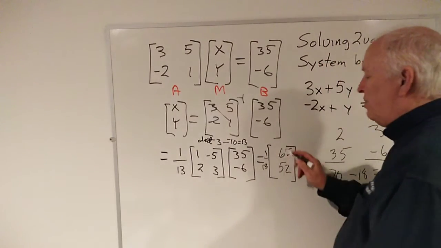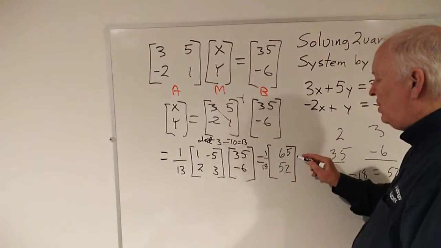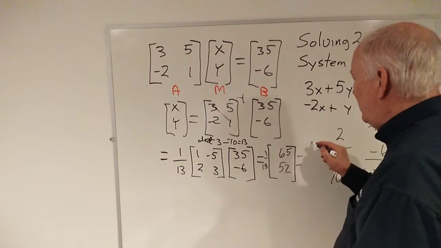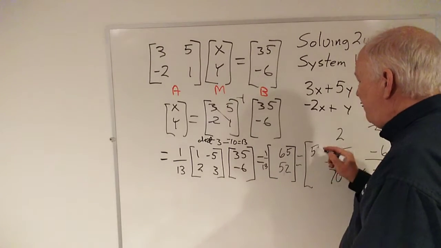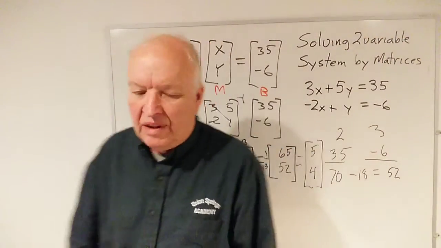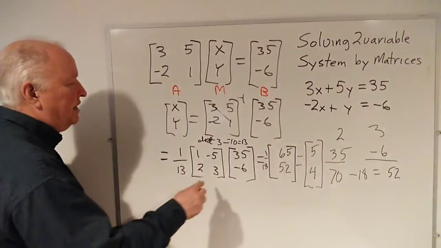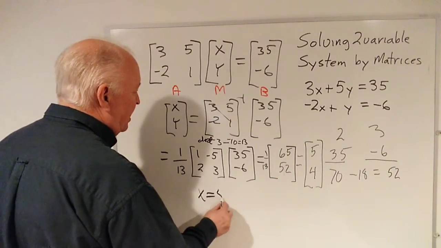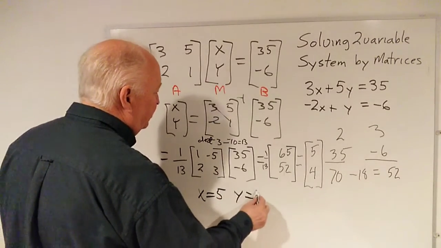Now we multiply by 1/13, and we get 5 and 4. This tells us that x equals 5 and y equals 4.